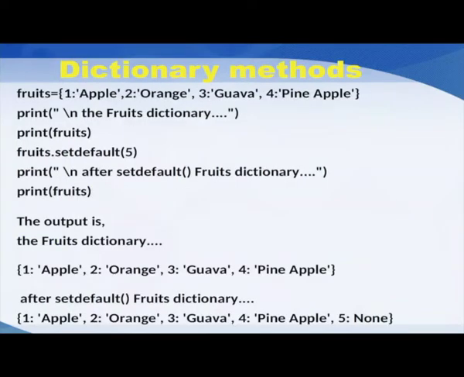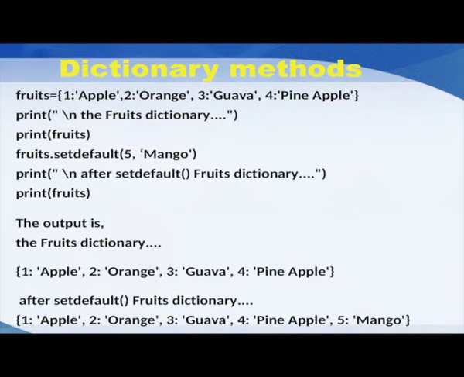Here you can see an example of how to use the setdefault method. We have a dictionary of fruits wherein we have 4 items. Now, I am trying to add one more key, 5, which is not present in the dictionary. If the key is not present, it gets added, but there is no value, so the value will be set as None, as you are seeing.